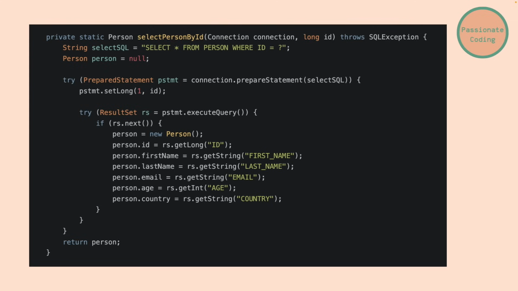Now, you can already see that for a very simple class like this person, with very few attributes, this is already a lot of code.